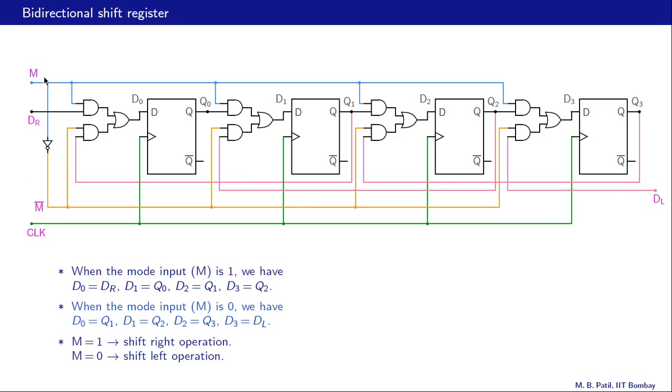Let us take M equal to 1 first. In that case, what happens is this M bar is 0 and the output of this AND gate is 0, and essentially D is then the same as this input here, and similarly this D is the same as this input, etc. And then you will notice that we have exactly the same connection that we saw in the earlier example, and that is the shift right operation.